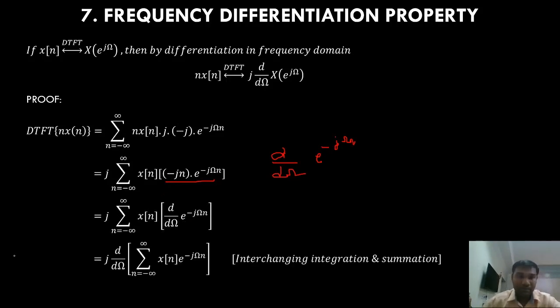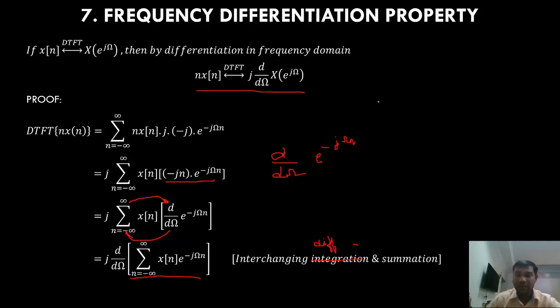Then I'm going to interchange the differentiation and summation. So you get the differentiation outside and I take the summation inside. I'm left with j into d by d omega of this term, which is equivalent to X of e power j omega.